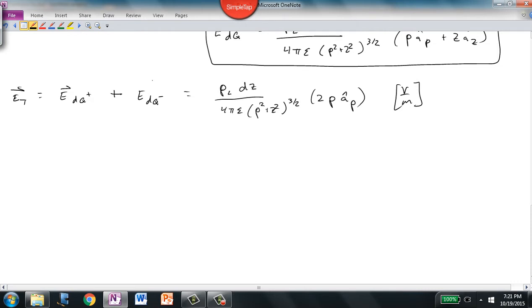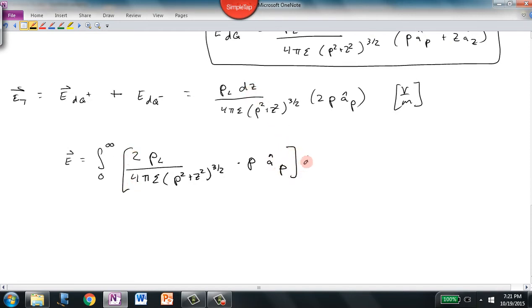So what we're saying here is that the total electric field strength is going to be the integral from 0 to infinity of 2 rho L dz over 4 pi epsilon times rho squared plus z squared to the 3/2 times rho a hat rho, all integrated with respect to z.